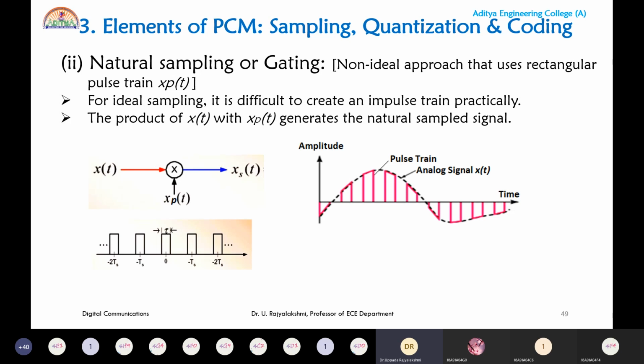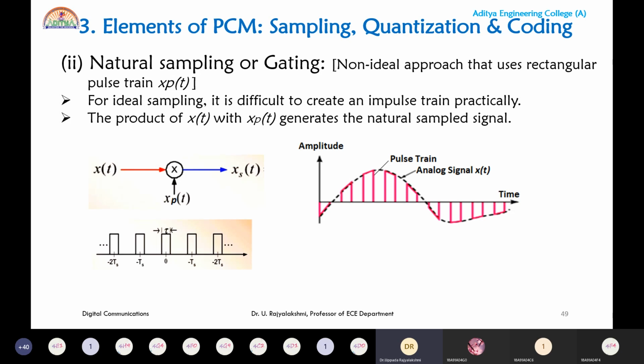So that's why, instead of a series of impulses, a pulse train is generated. It is difficult to generate a pulse of width 0, that is, an impulse. A pulse of specified width is easy to generate practically.